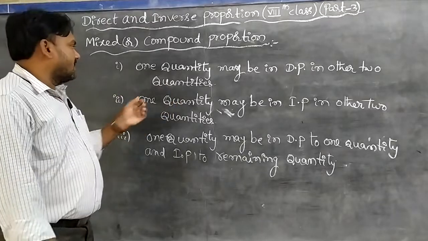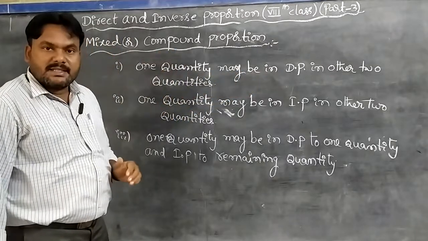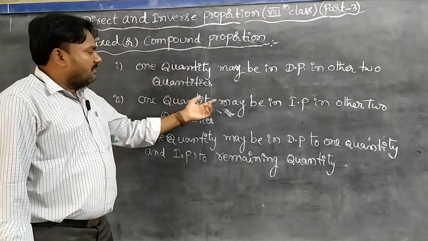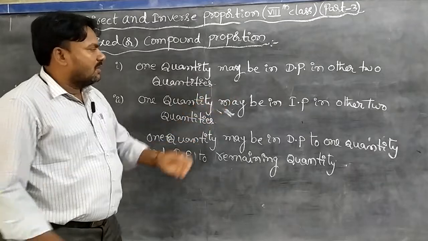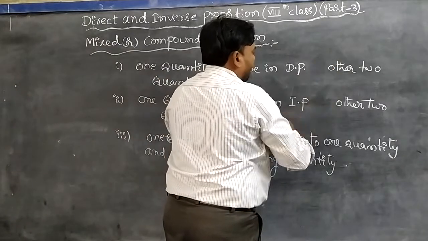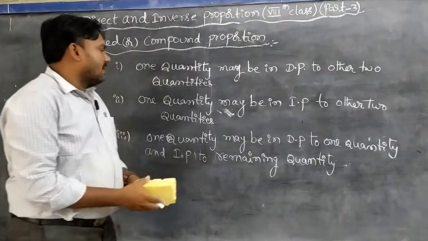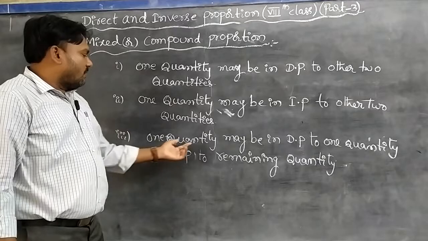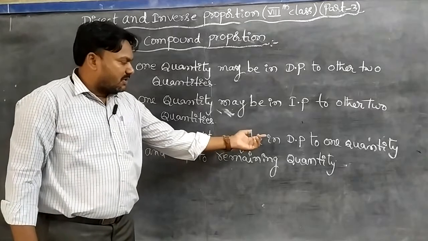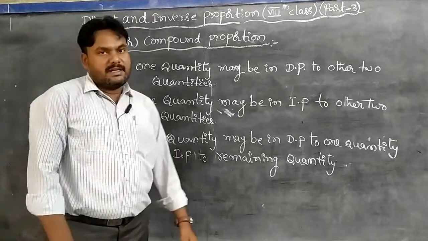Observe. First case, one quantity may be in direct proportion to the other two quantities. Second, in inverse proportion to the other two quantities. Next, in direct proportion to one quantity and inverse proportion to the remaining quantity.